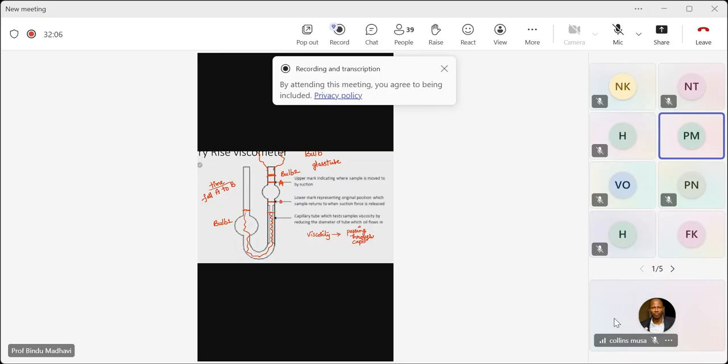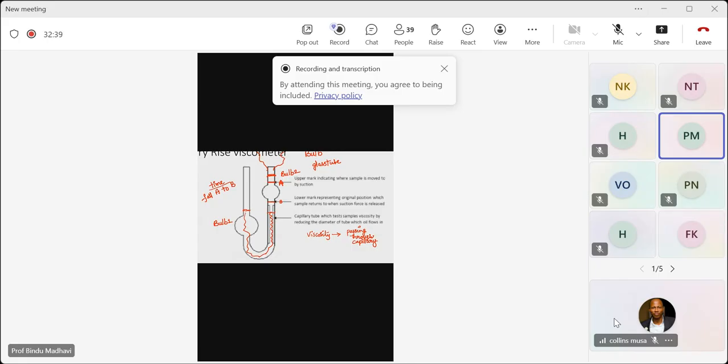When the liquid is dilute, it passes quickly. When the liquid is thick, it passes slowly and will take more time to pass from level A to level B.